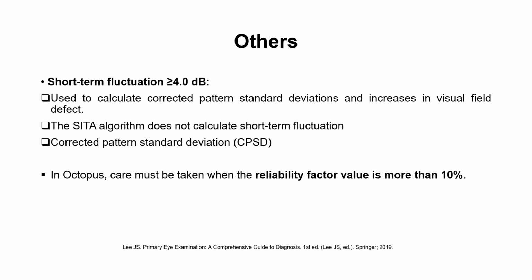So if you see a high corrected pattern standard deviation, it means high localized irregularity and is highly suspicious for glaucomatous damage. And in Octopus, not in Humphrey visual field, care must always be taken when you see the reliability factor value is more than 10%, which mainly depends on this short-term fluctuation during the test. So it's like intra-test variability.